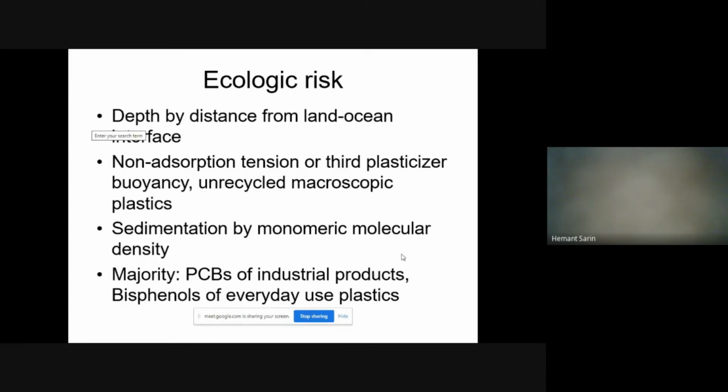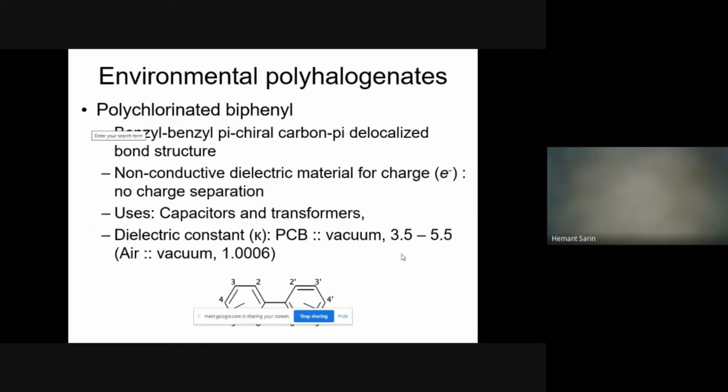from industrial products, and the bisphenols, another class, are in everyday-use plastics. The polychlorinated biphenyls are benzyl rings with delocalized pi bonding, and they're actually non-conductive dielectric materials.